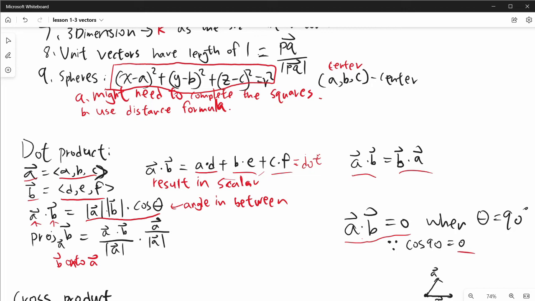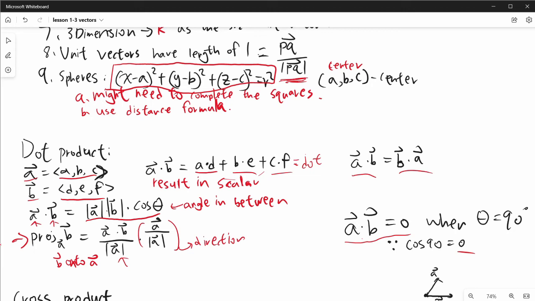The last thing from dot product will be projections. Let's say we have the projection of B onto A, written this way. The main thing to remember here is that it's onto A, which means the final projection's direction is A. This, if you recall, is the unit vector of A, so that gives us the direction, and this gives us the magnitude.